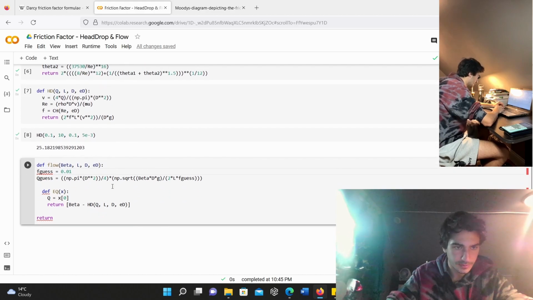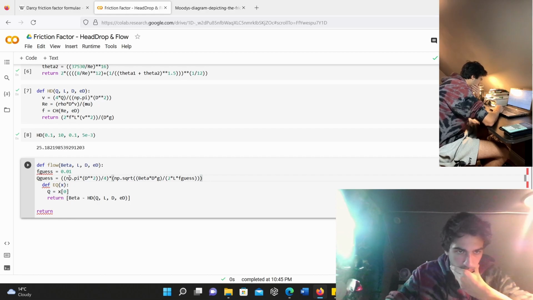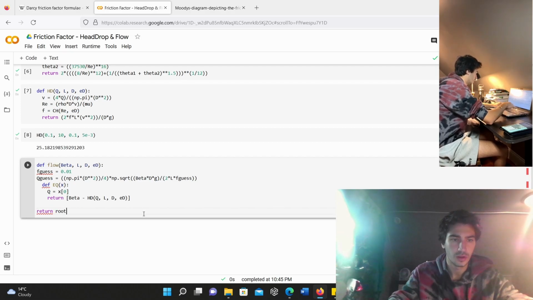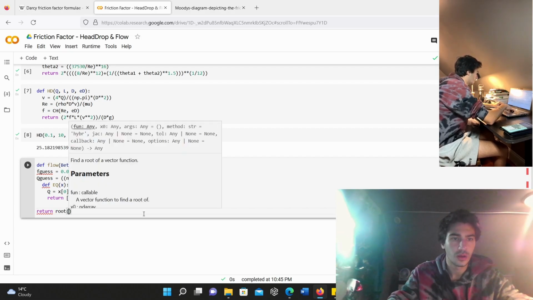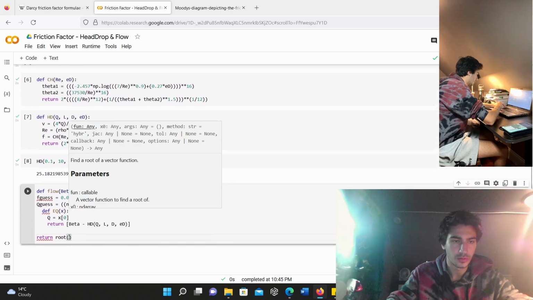To plug this through, so let me make sure everything's okay. Clean this up here. Right, and then we can return our value. We said we wanted our root function, so return a root, and if we recall, what we want to plug in parameters, what do we have?